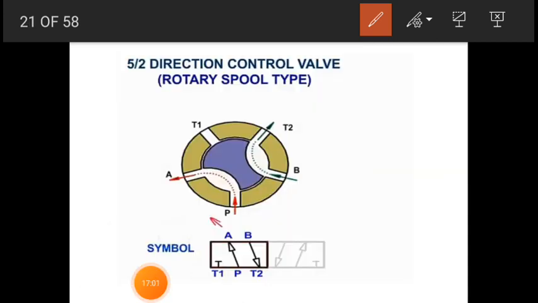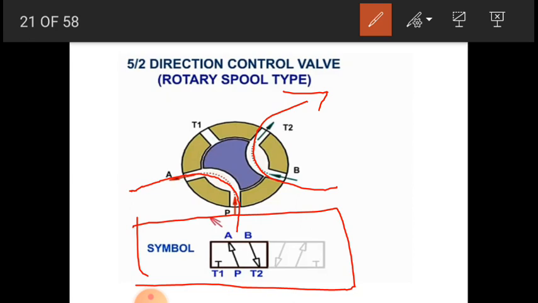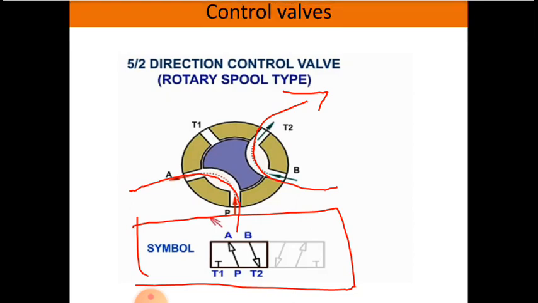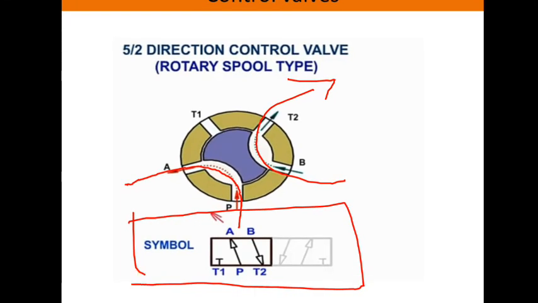In the rotary spool type control valve, you can see this with more clarity. Fluid can enter from port P to A and from port B to T2. The symbolic representation for this is shown here.